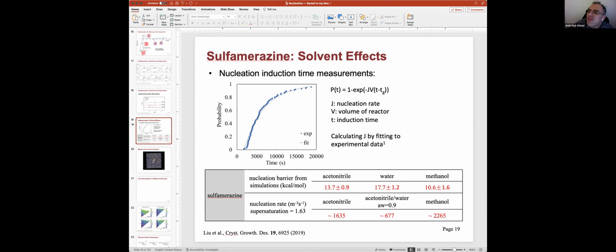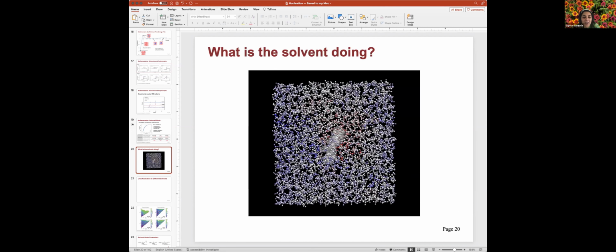I think Sapna has a question. Sapna, you can unmute. Sure. Thanks, Erik, for that wonderful talk. Since you're on slide 19, if you go to slide 20, I just had a clarification question. What is the different color coding here for the solvent? Yeah, this was one of the early tests we did with the solvent order parameters.